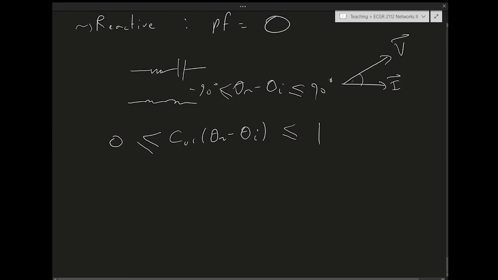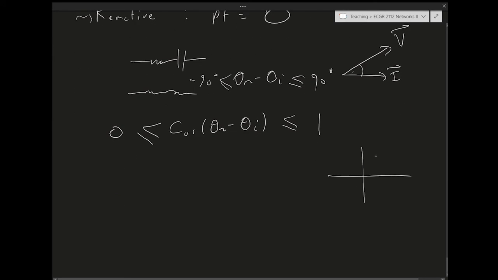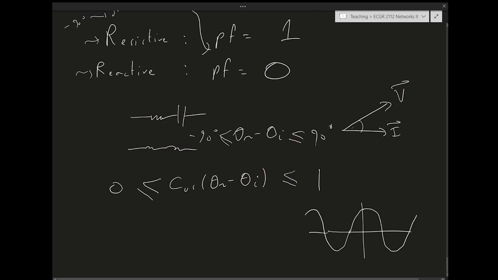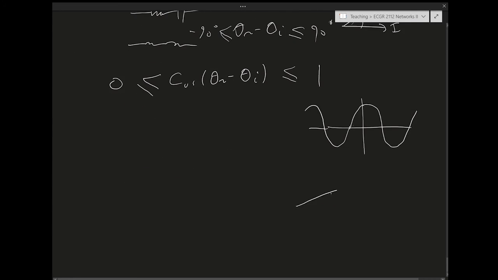It's true that cosine goes from 1 to minus 1, right? But the issue here is that I'm taking the cosine of theta v minus theta I. We said that the maximum that could happen, if I have a reactive load, capacitor or inductor, is that the I could be at maximum at minus 90 degrees or at plus 90 degrees.